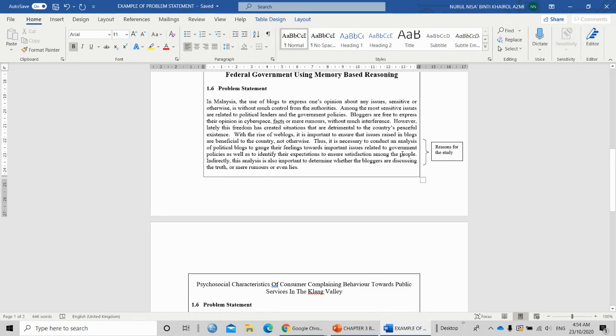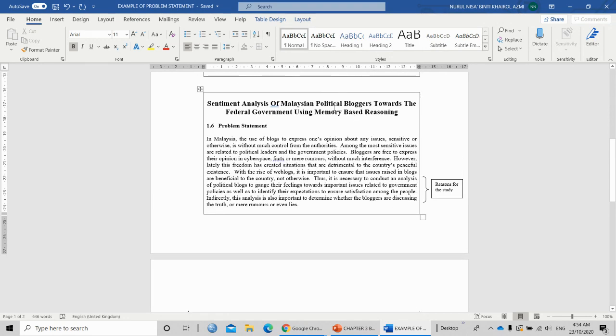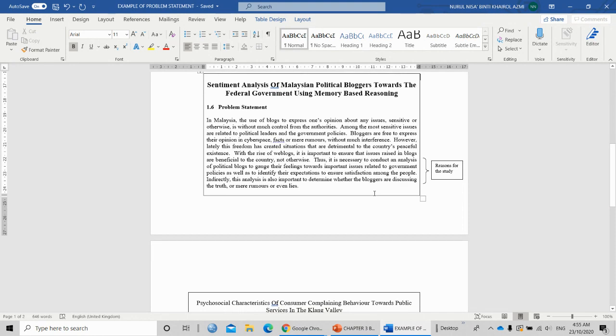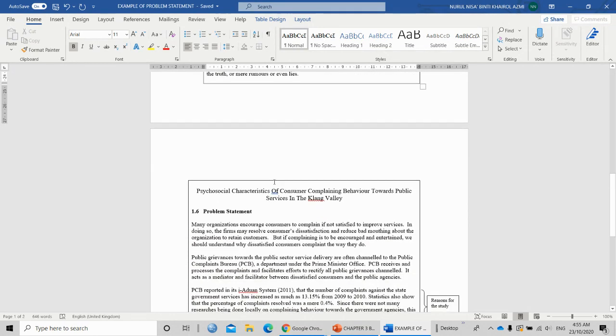Okay, so you mention why is it important, ataupun you boleh cakap lah, study related to the political bloggers, not many of them, ataupun you can also mention about how this research can help the society, can help the policymaker, in the problem statement.